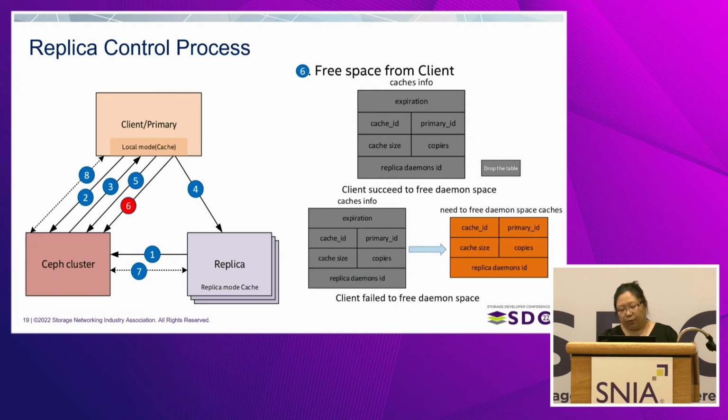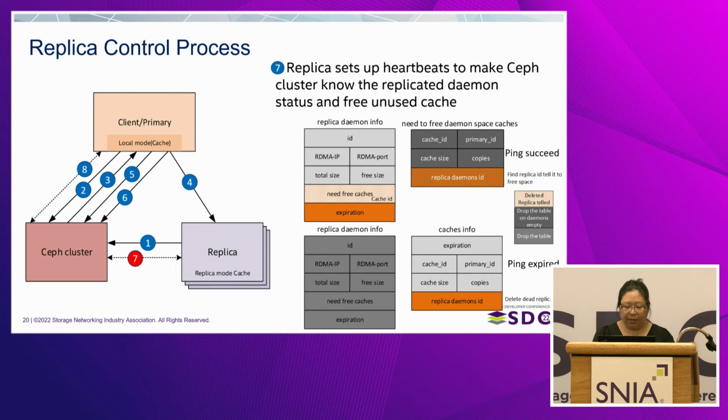So if it failed, the cache info table will convert to the need-to-free daemon space caches. So the Ceph cluster will convert this table from the original orange color table, so it needs to ask the replica to free it.